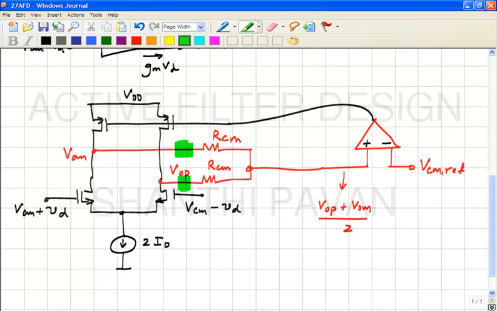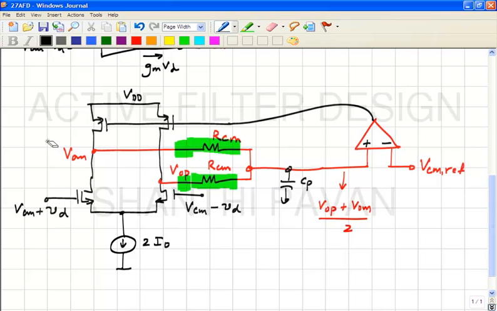Though you have not seen it yet, if now you make these resistors larger and larger, there is always bound to be some parasitic capacitance at every node. Which means that if the common mode changes in a step-like fashion, what do you think will happen to the detected common mode? It will not do so immediately, it will do something like that, which is equivalent to saying there is an extra pole in the feedback loop.